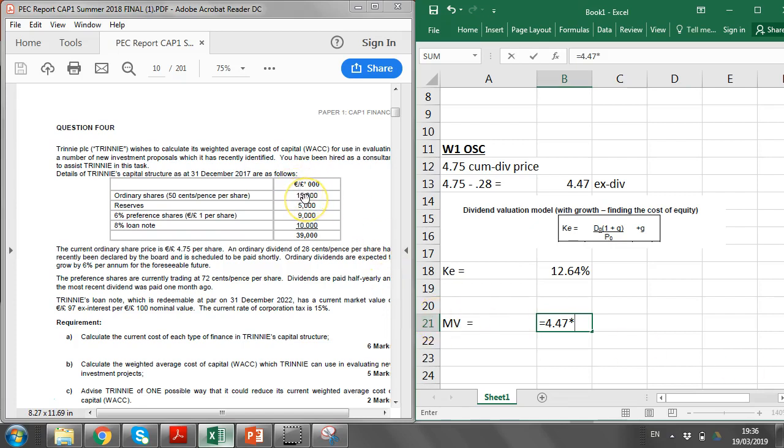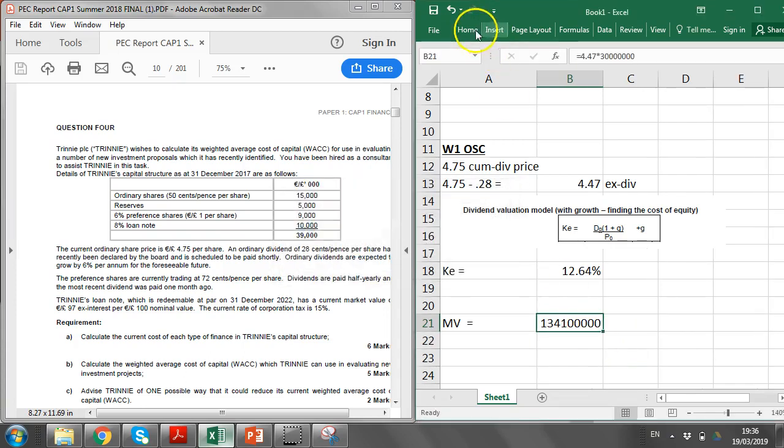Be careful, that's the amount of share capital. The number of shares depends on the nominal value per share. That means we need 30 million shares to have 15 million share capital. Because 30 million shares at 50 cents each gets me 15 million euro. So you're putting 30 million there.